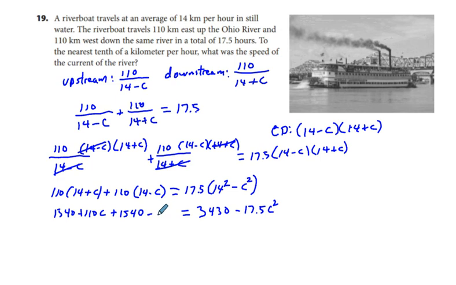We're going to have minus 110c. So 110c minus 110c will cancel each other. And what we have left on the left side is, let's just subtract 3430 from both sides.